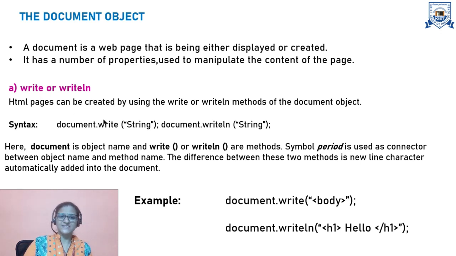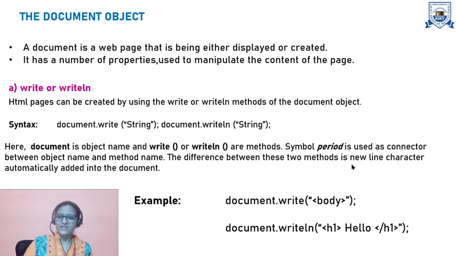So HTML pages can be created by using the write or writeln method, and these are methods of the document object. Like this, the syntax is document.write, and inside the parentheses we can give any string, or we can use writeln. So basically document is the object name, and write and writeln are the methods. So the object name and the method name are separated with the period symbol. They are connected between the object and the method name.